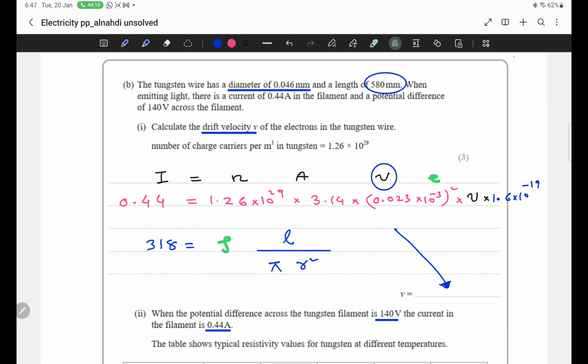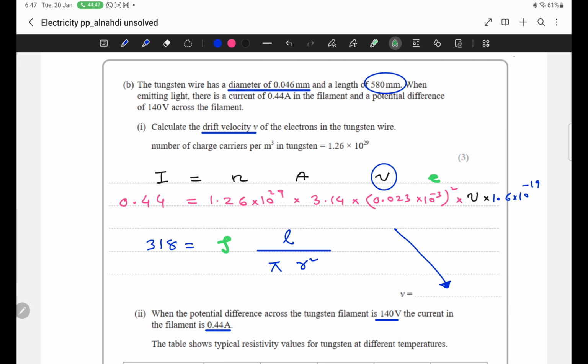Abdullah bhai, you have to calculate resistivity.